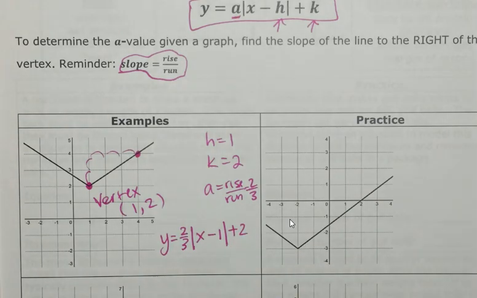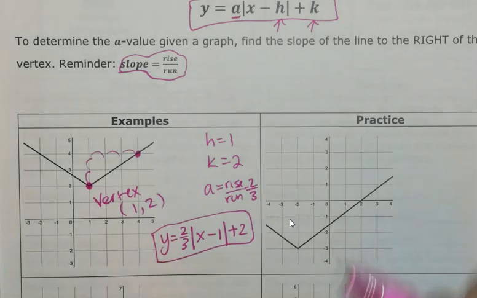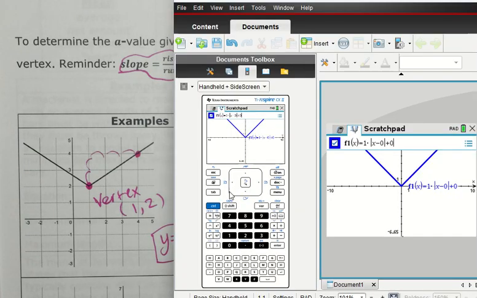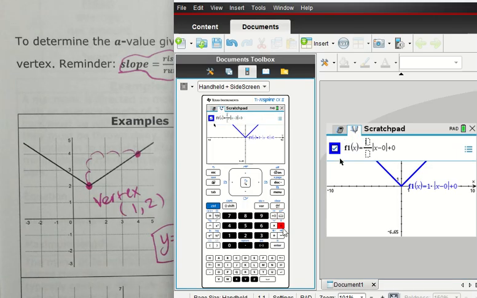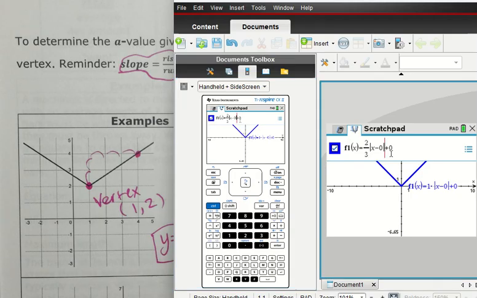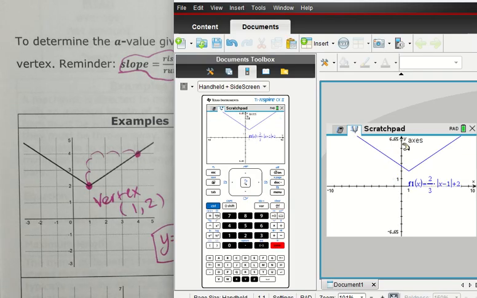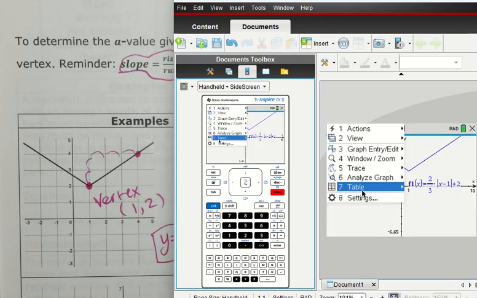So just to confirm that this equation is the graph that we see right there, you have your calculator. I'm going to go ahead and graph an a value of 2/3, and then the h value is 1 and the k value is 2. To verify that it's the graph we have on our paper, we can trace.